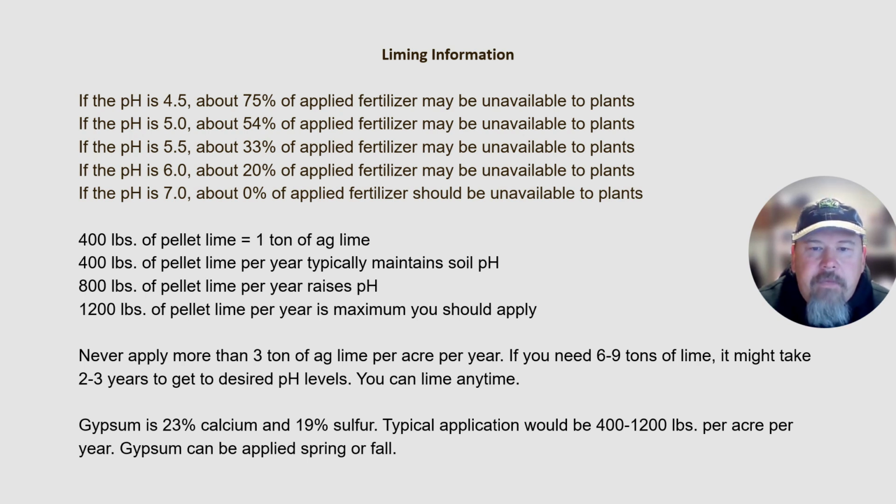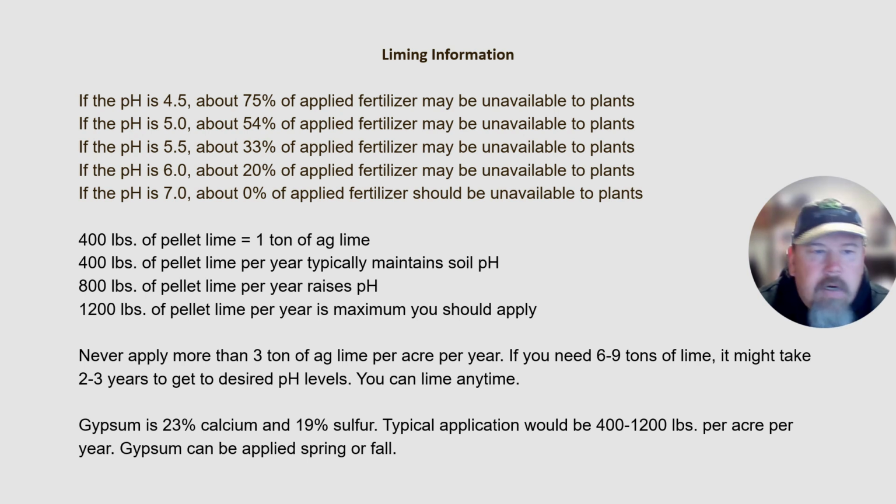20% of that applied fertilizer still may be unavailable for that plant to uptake. 7 is everything. If you have 7, those fertilizers are going to be available to that plant once they're soluble, once they're ready for plant uptake. But as we move away from that, we're losing more and more of the fertilizer that we're applying, as it will just never be available to that plant.